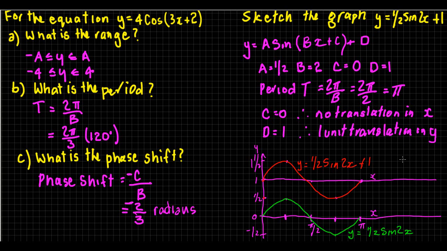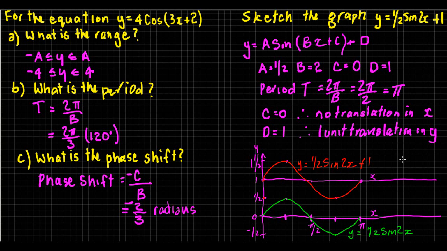Note that a sketch is a sketch. It's not an extremely accurate depiction of the graph. It's just a sketch with all of the important features highlighted. So there we have it. The amplitude of our graph in this instance is a half, as we can see.